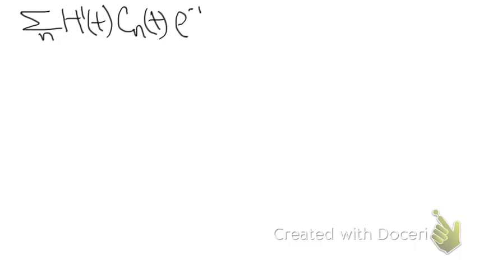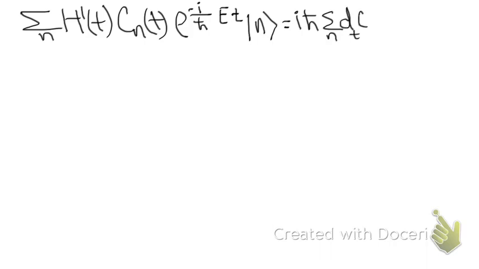What we have from all of that is my sum over n, the perturbed Hamiltonian that is time dependent, my c_n expansion coefficients that are time dependent, times the exponential of negative iota over ħ E_n t, all of this on state n, being equal to iota ħ sum over n, the time derivative of my expansion coefficient c_n that depends on time, and the exponential of negative iota over ħ E_n t and my state ψ_n.